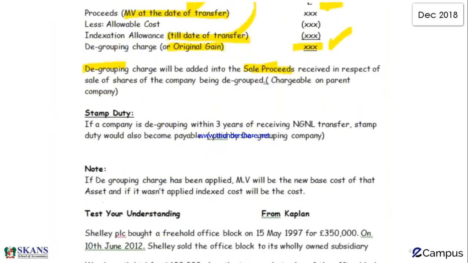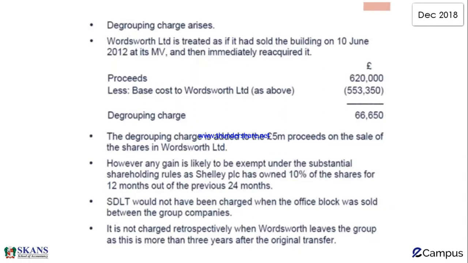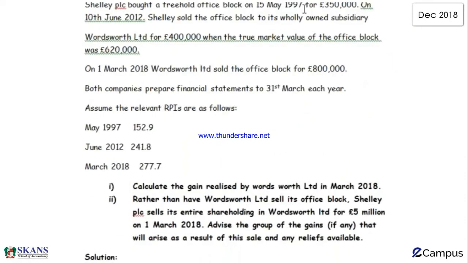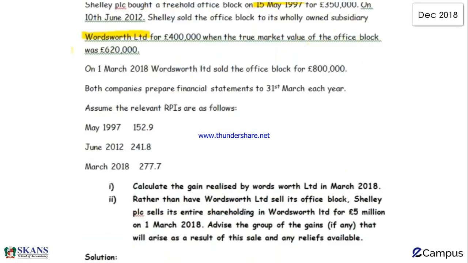Now, let me explain that with the help of the following example. Chalet PLC bought a freehold office block on 15th May 1997 for 350,000. On 10th June 2012, Chalet sold the office block to its wholly owned subsidiary, Wordsworth Limited, for 400,000, when the true market value of the office building was 620,000.